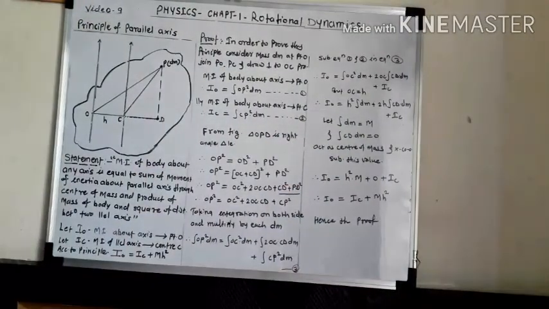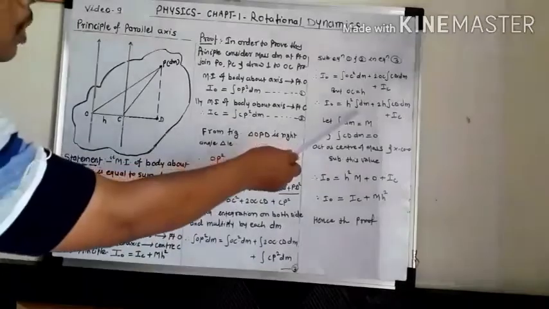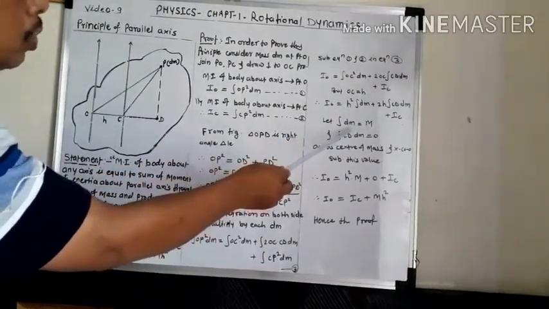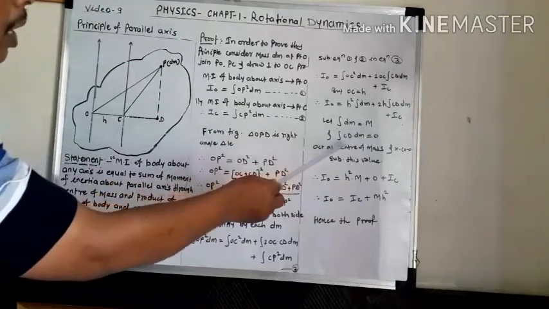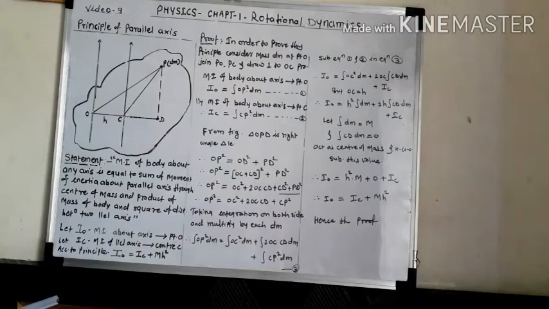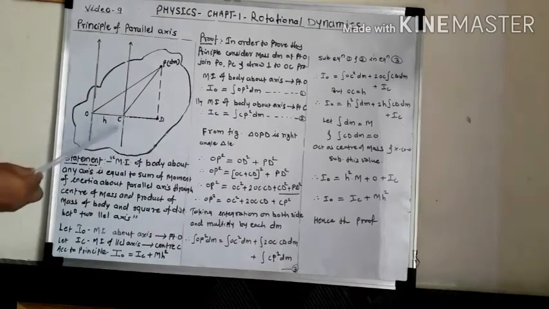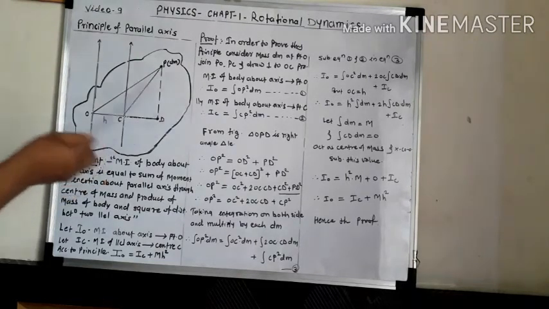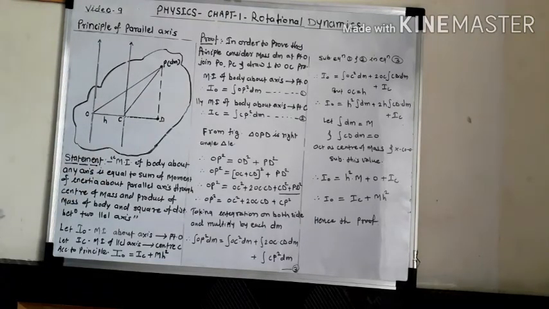Again, you know that integrating this small element of mass dm, we get the total mass. Therefore, integration of dm is nothing but the capital M, and the integration of CD into dm is equal to 0, because this point C acts as the center of mass. So the integration of CD into dm is equal to 0.